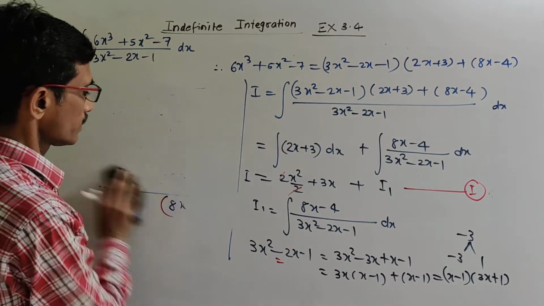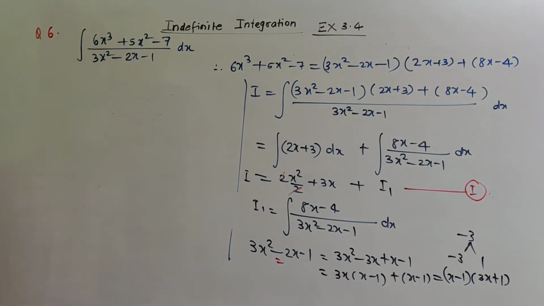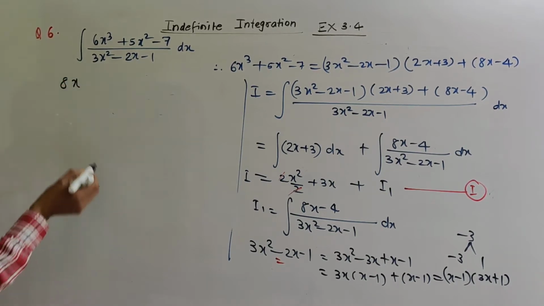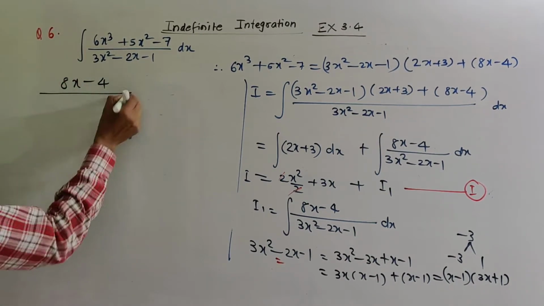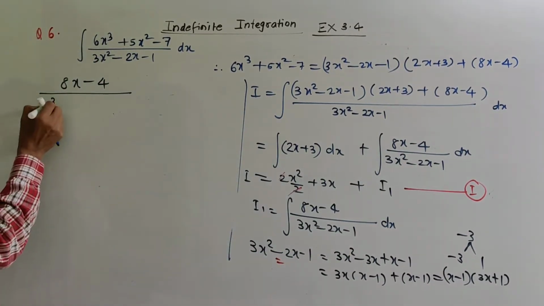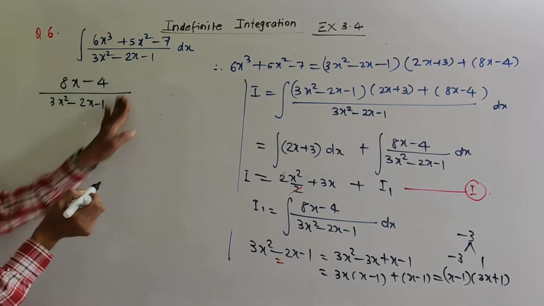second integrand I1 we evaluate like this: (8x − 4) upon (3x² − 2x − 1).